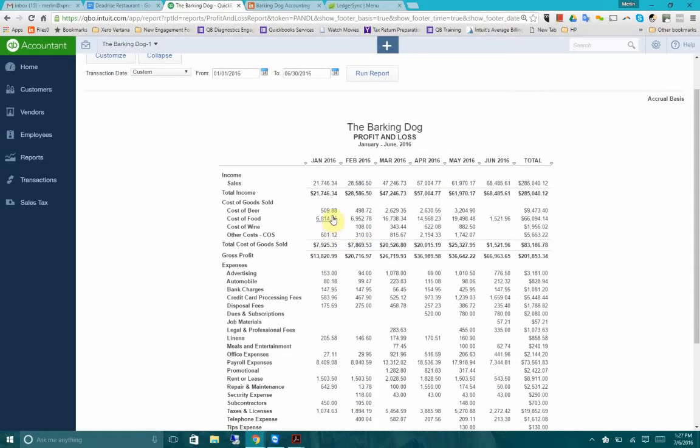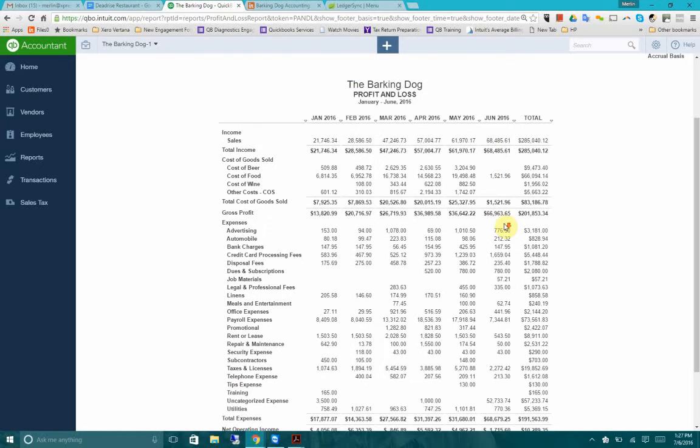So, just looking at this one here, for example, I can see that the cost of beer and the cost of food is not right. So that's a significant drop off here. That means that didn't happen because their sales went up, and so that lets me know that I can't send this financial statement out because I got something wrong with it.